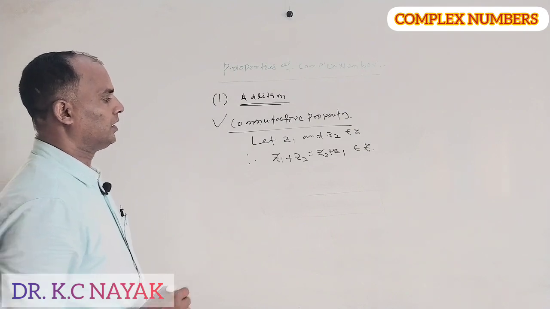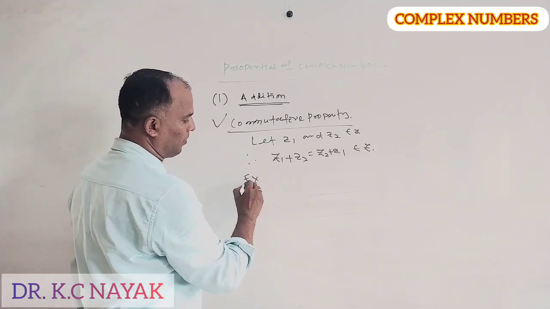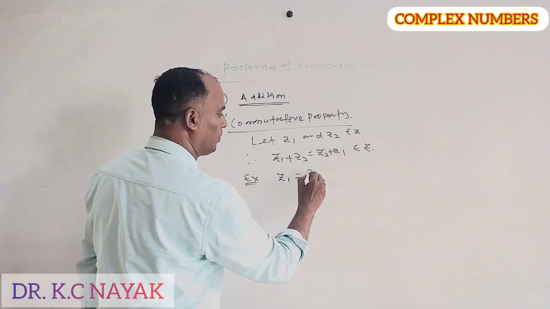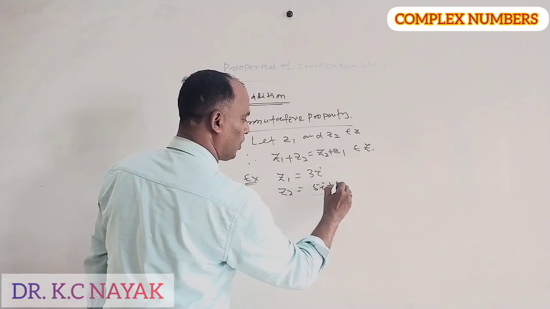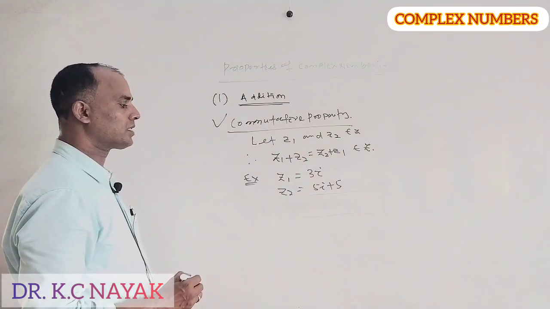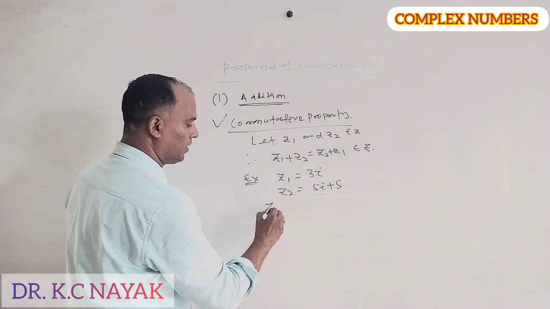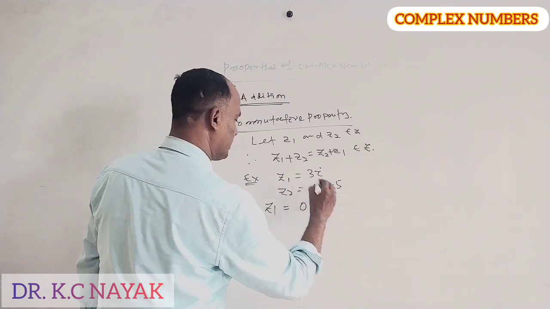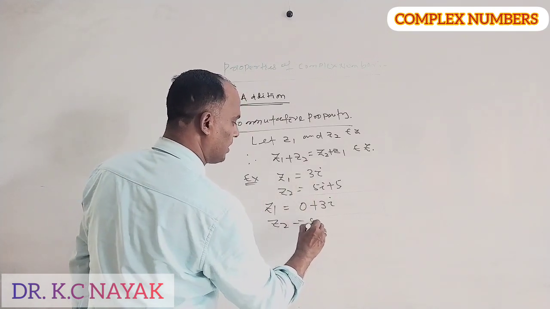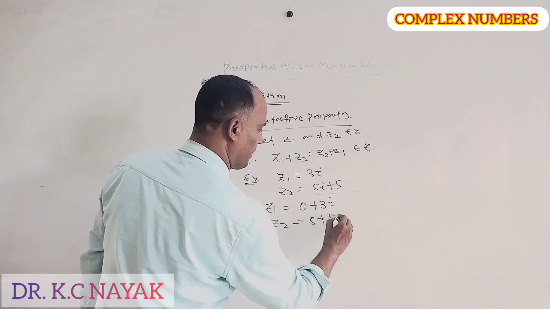For example, suppose Z1 is equal to 3i and Z2 is equal to 5i plus 5. Now we convert Z1 into a complex number, 0 plus 3i. Z2 is 5 plus 5i.